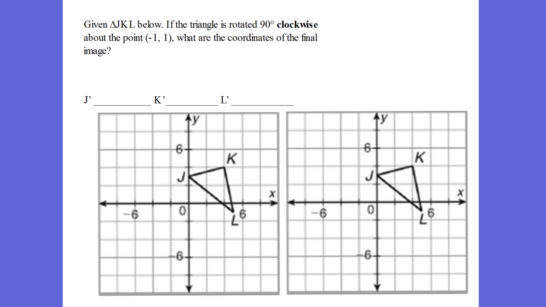Alright, so let's take a look at this. So given this is what we have. So right here we're rotating 90 degrees clockwise about the point negative 1, 1. Okay, so this one is slightly difficult because it's rotating not around the origin.